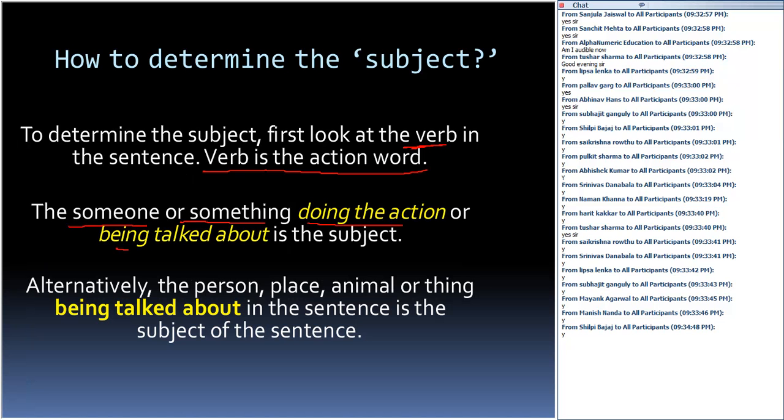That is the subject. Similarly, any person, place, animal or thing that is being talked about in the sentence is the subject of the sentence. So the person or thing being talked about, the person performing the action, is the subject.